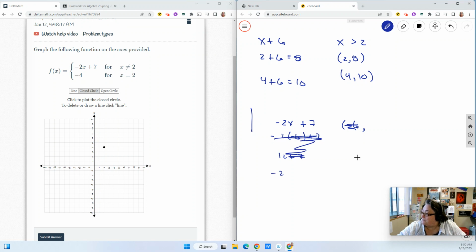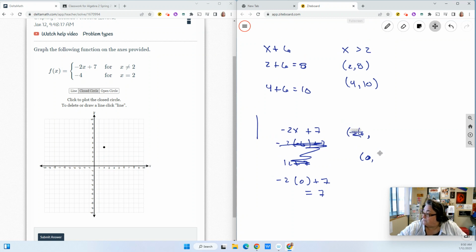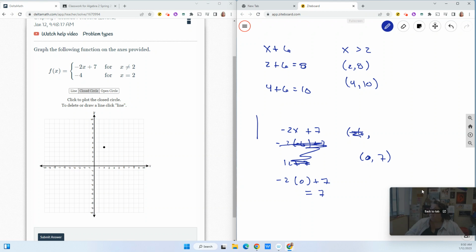-2 times 0 plus 7 is just going to give us 7, right? Minus 2 times 0 is 0. So we've got 0, 7 as our first point. And then we're going to pick some other one on the other side of 2.